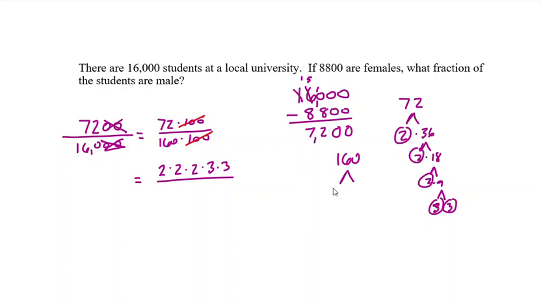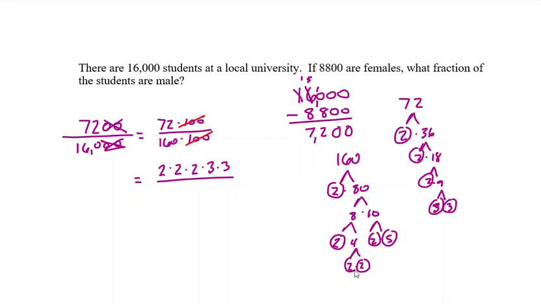Well, we can definitely divide by 2: 2 times 80. Oh, let's do a little trick. We haven't shown you this, so let me show you. We don't have to break things down into a prime number and a non-prime number. So 80 is just 8 times 10, right? And 8 and 10 are both composite. 8 is 2 times 4, and 10 is 2 times 5, and then 4 is 2 times 2.